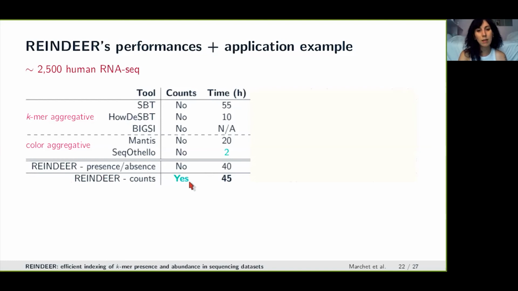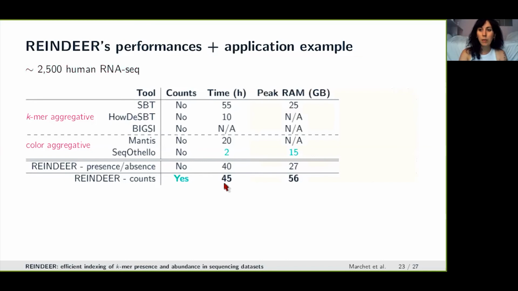So let's start with the time. It's between 2 and 55 hours to index such a large collection. REINDEER is 45. About the memory, we are at 56 gigabytes.